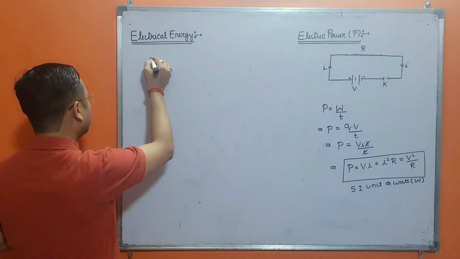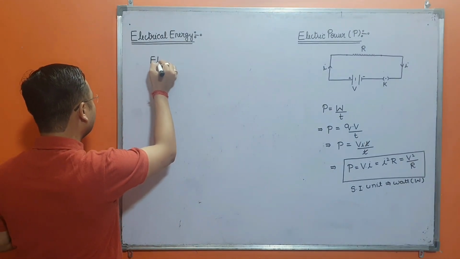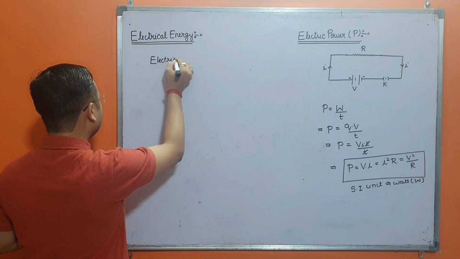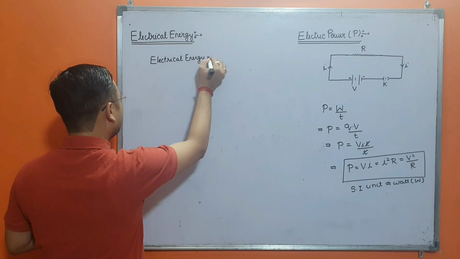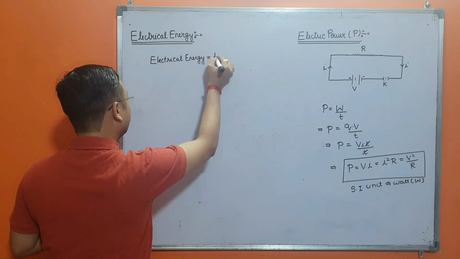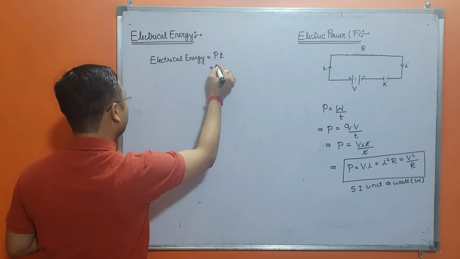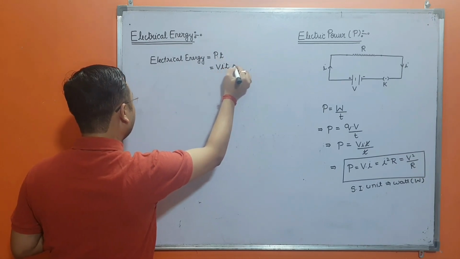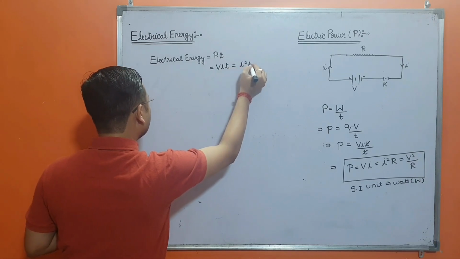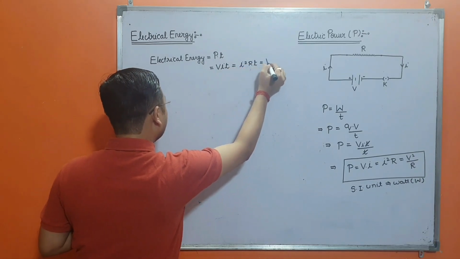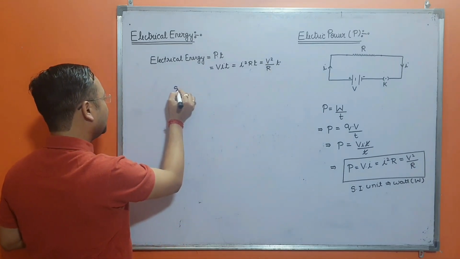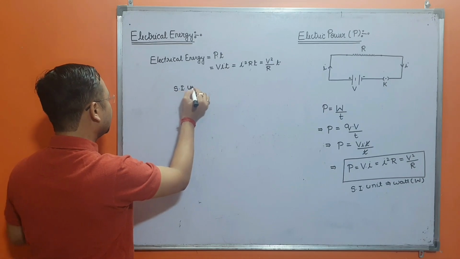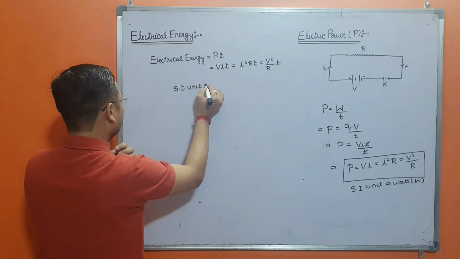If in unit time the energy supplied is P, then in T time it is P into T, which equals V into I T, or I square R into T, or V square by R into T. The SI unit of electrical energy is joules.